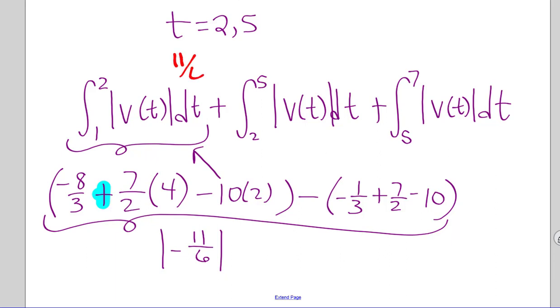And for this one, we got 4.5. And for this one, we got 26 thirds. But we let the calculator do some of that work for us. When we added it all together, we get 15. And our units in this case would be feet.